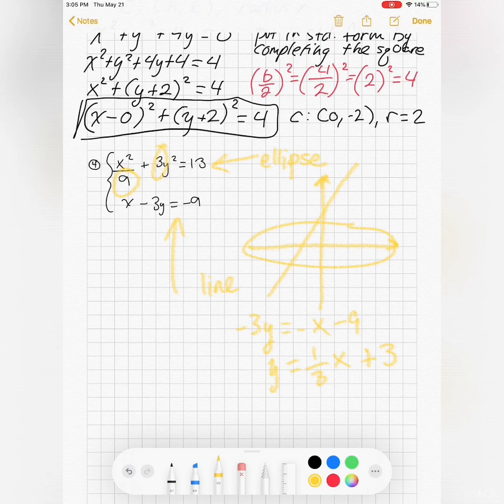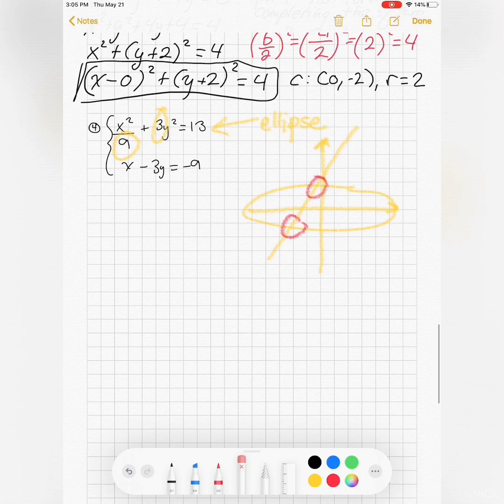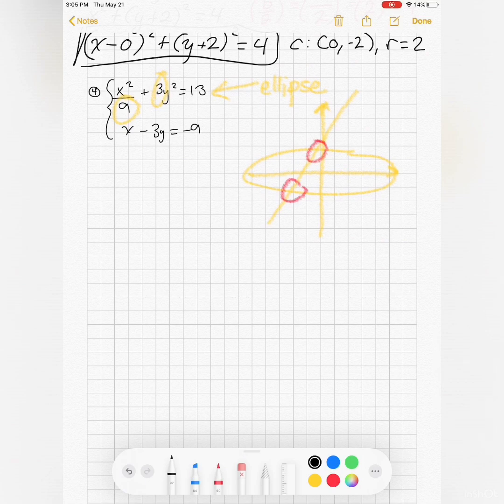So I don't know, looks like something like that to me. So let's see how we do. I'm anticipating I'll find 2 intersection points. Let's see how we do.